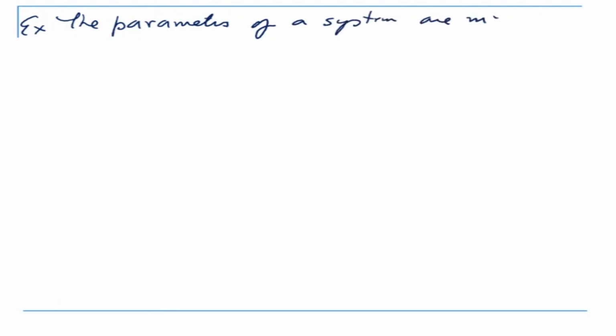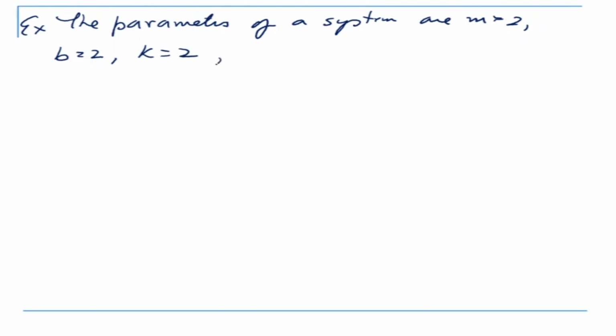Okay, so let's do a very simple example in which we are given the parameters of a system. The parameters of a system are m is equal to 2, b is equal to 2, and k is equal to 2.